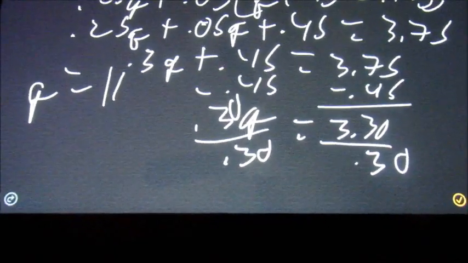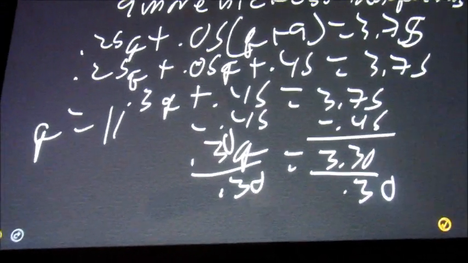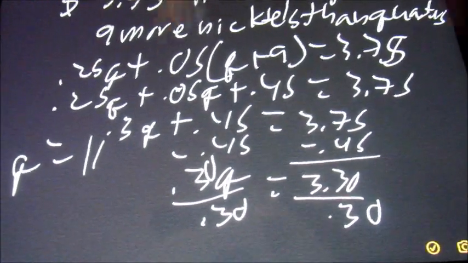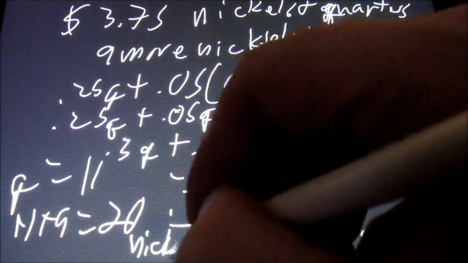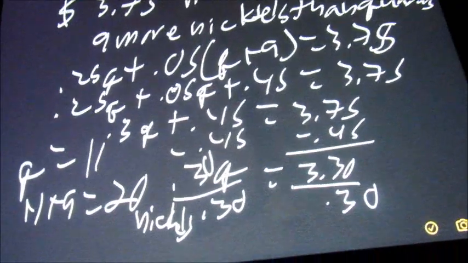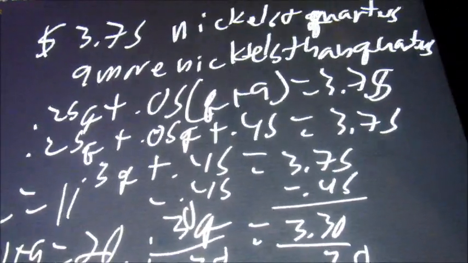All right, so if Q equals 11, now we just have to figure out what our nickels equal. So 11 plus 9 equals 20 nickels. All right, so that's how you'll do this one.